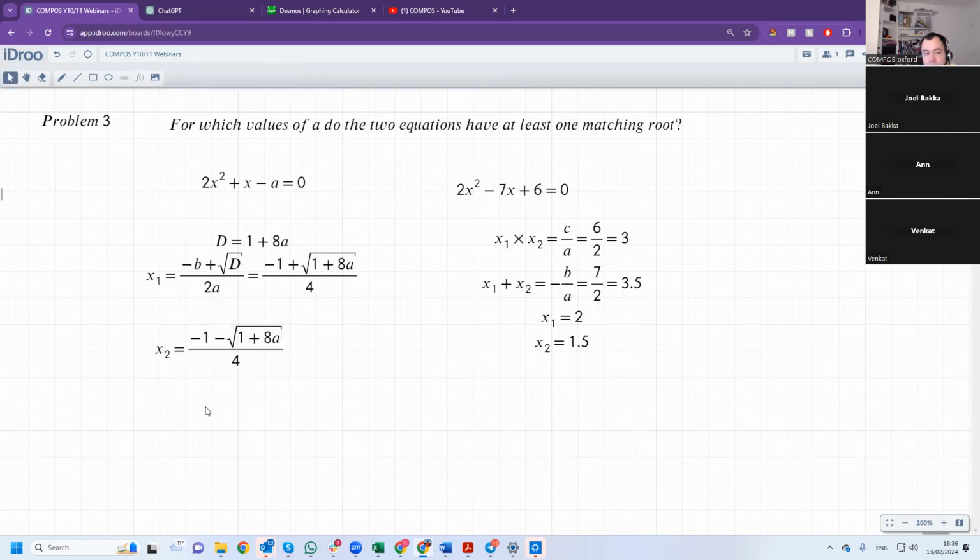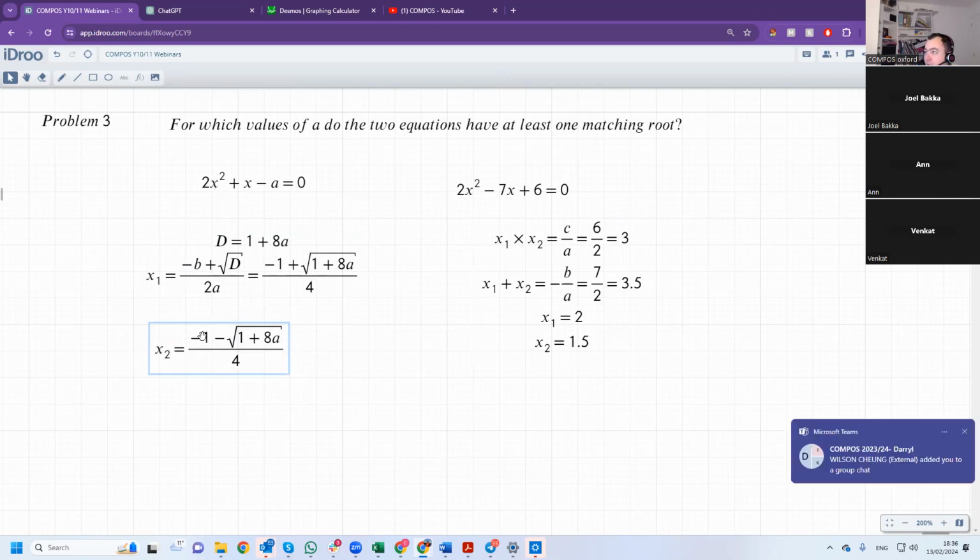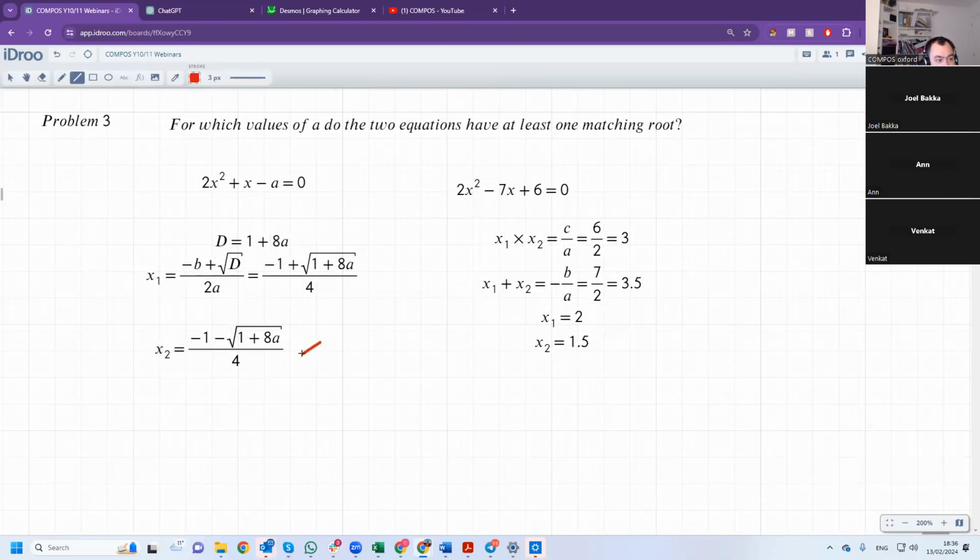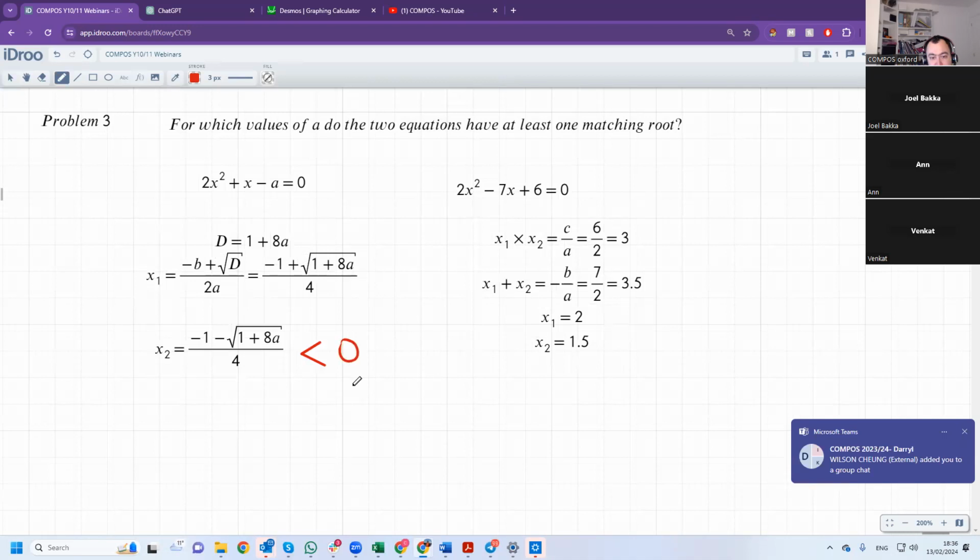Now you can see that x2 is always negative, because this is a negative number, -1, and this is negative square root. So this is always less than 0. So this will never be equal to 2 or 1.5.